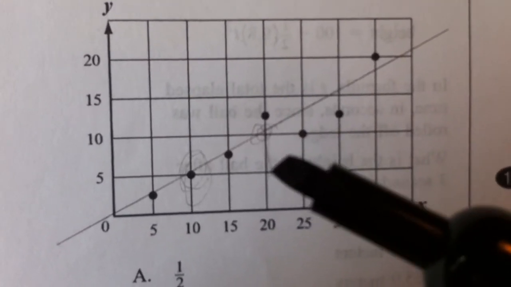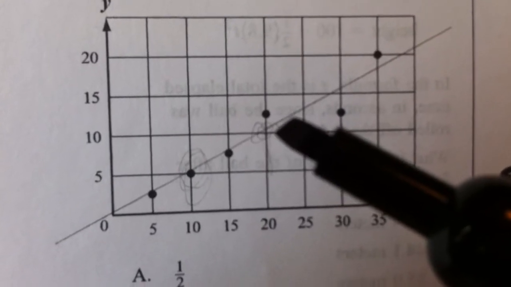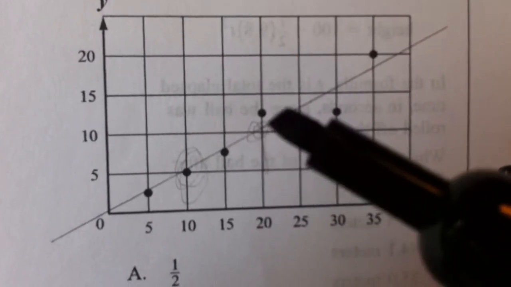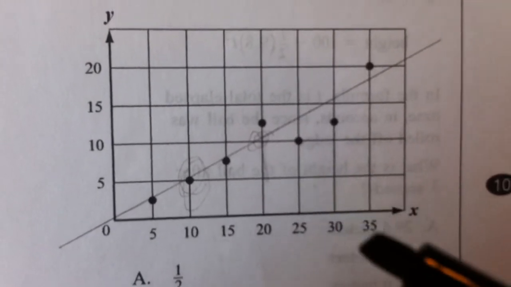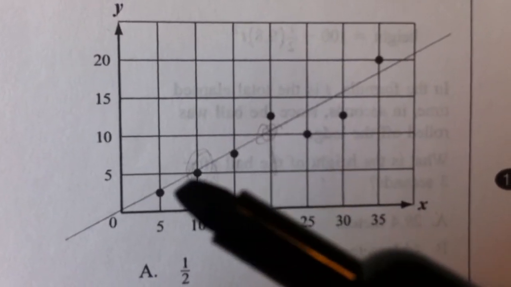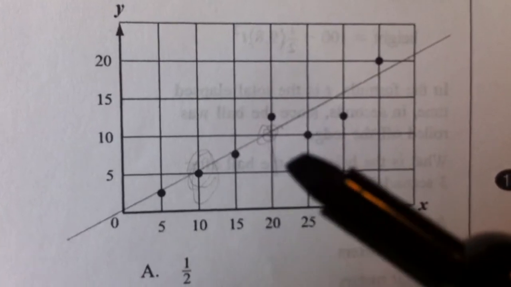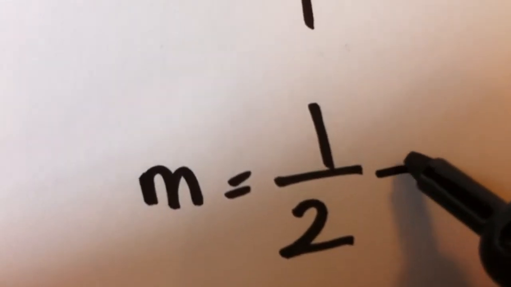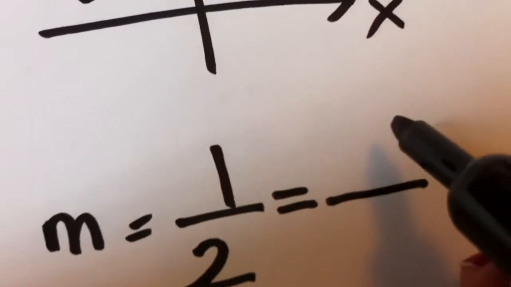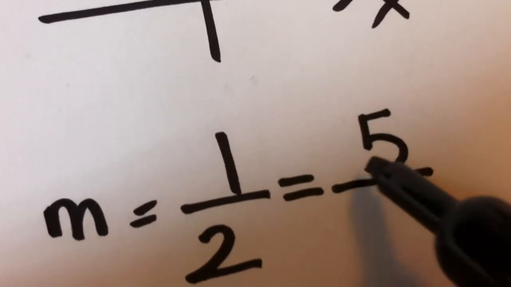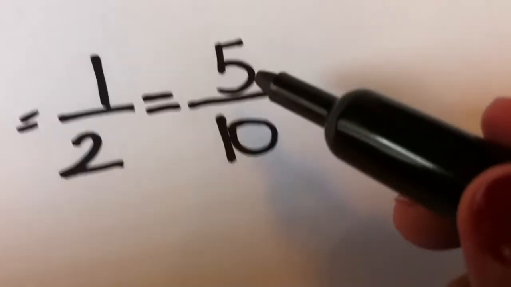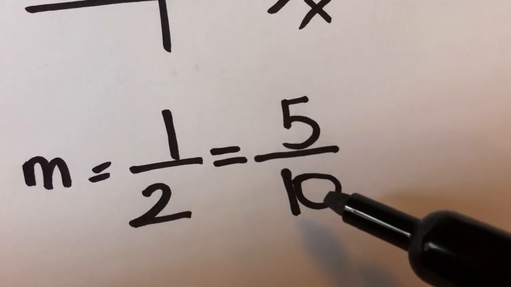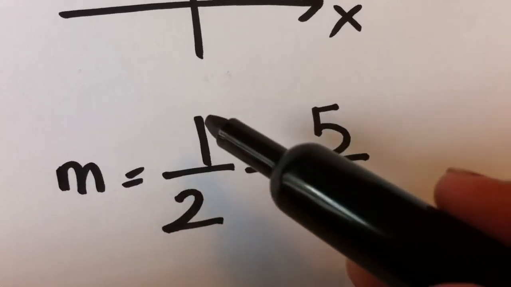This one, the number is 10 minus 5, so the vertical distance is 5 and the horizontal distance is 20 minus 10, so 10. So the other way to do it is to write 5 over 10. So if I simplify 5 over 10, I will still get 1/2.